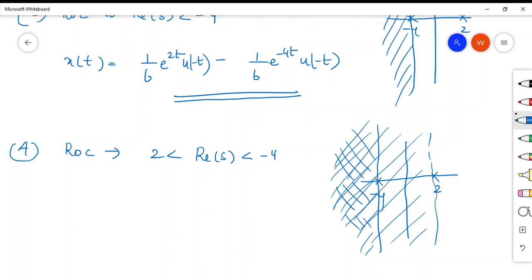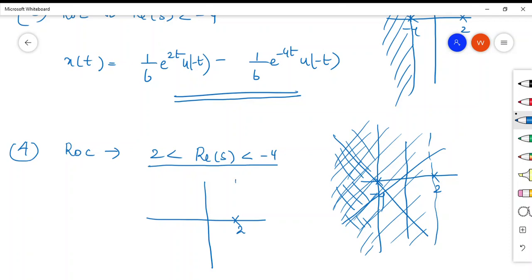Sorry, this is wrong, no? This is given as 2 less than real part of s less than minus 4. So 2 has to be less, meaning real part of s is greater than 2. So in the first case, this is the real part of s.